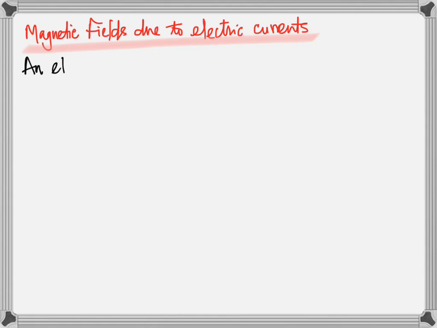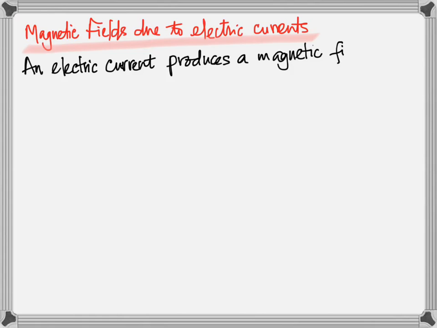Now remember that wherever there is an electric current, there is a magnetic field, and the nature of the magnetic field depends on the shape of the conductor.